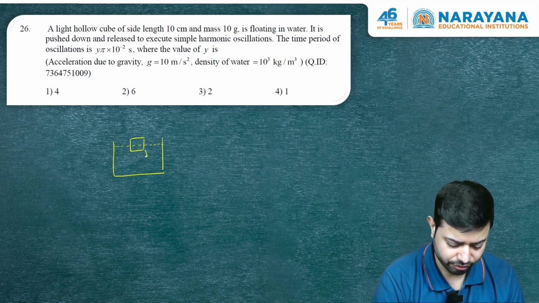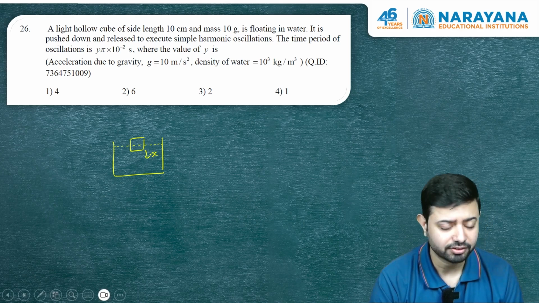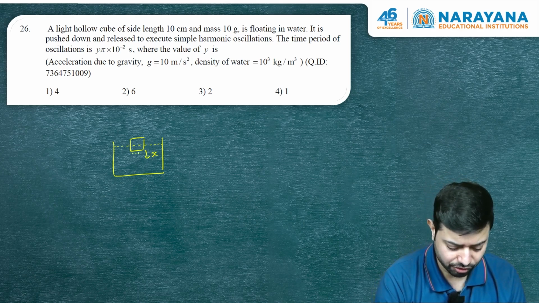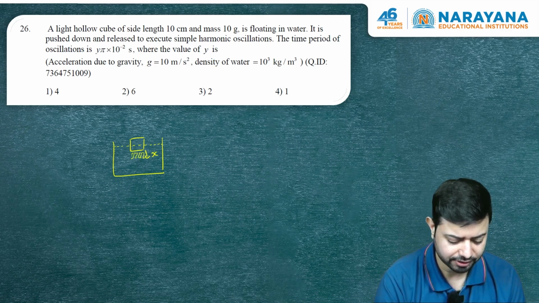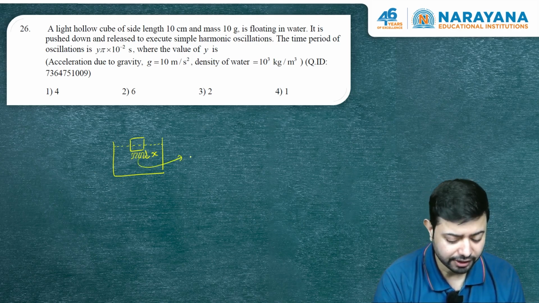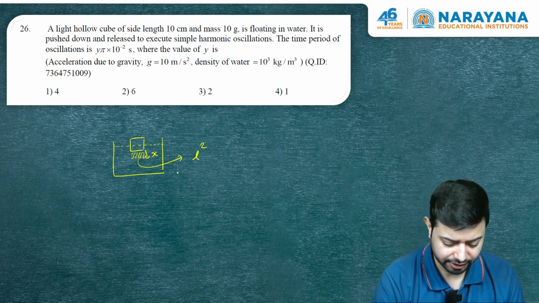If you displace it downward by some distance x, the extra force that will be created here will be because of this extra volume that will be displaced. What is this volume? Very simple. If the side length of the cube is, let us say, L, then the volume of this portion will be L square, the area of the base, into that height, which is x.